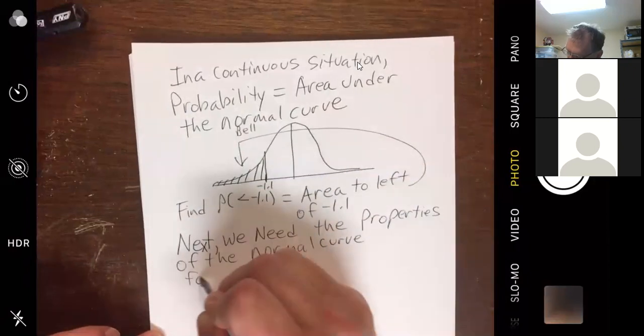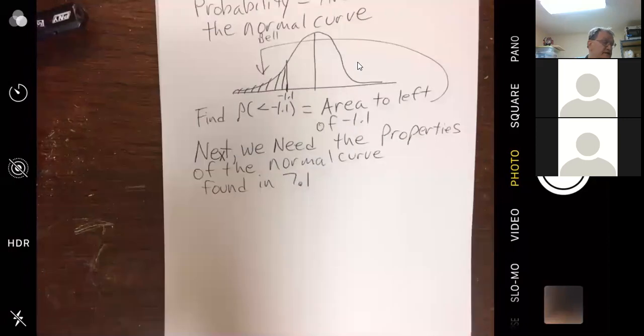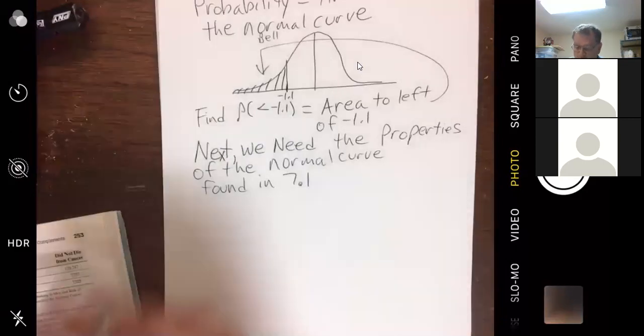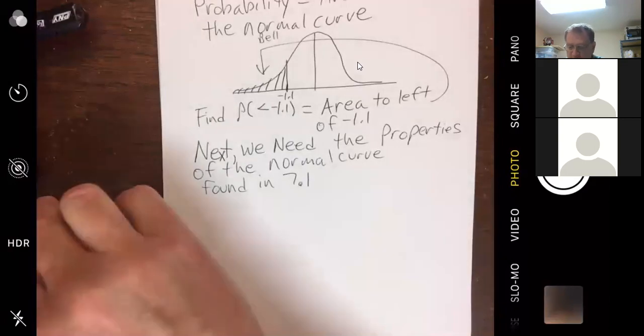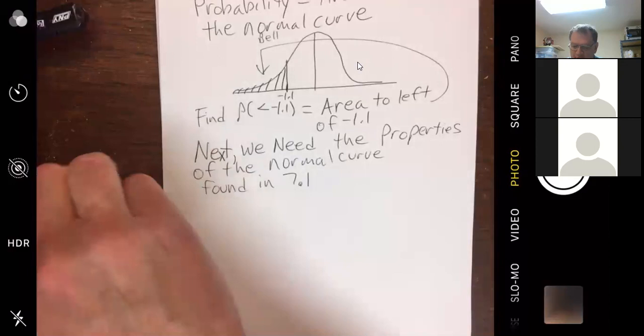They're actually found in 7.1, but we're not going to assign anything from 7.1. It's just baby problems, and we're not going to assign them. Don't thank me all at once. But the properties that we need are there.